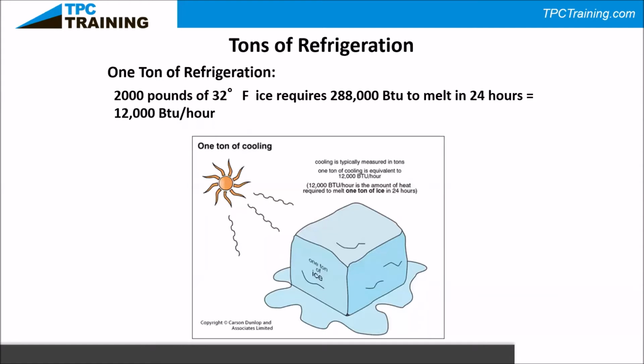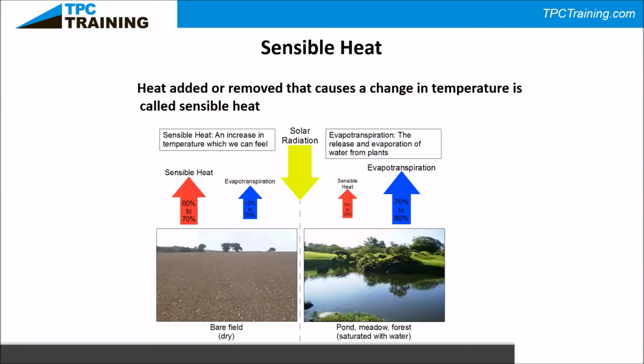So the 2 types of heat transfer from hot to cold that we're looking at, the first one is sensible heat. Sensible heat is heat added or removed to cause a change in temperature. We're getting it to a point where it's going to pick up so much sensible heat that it's full.